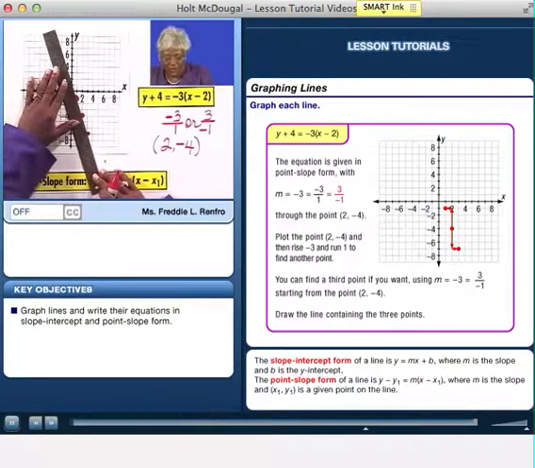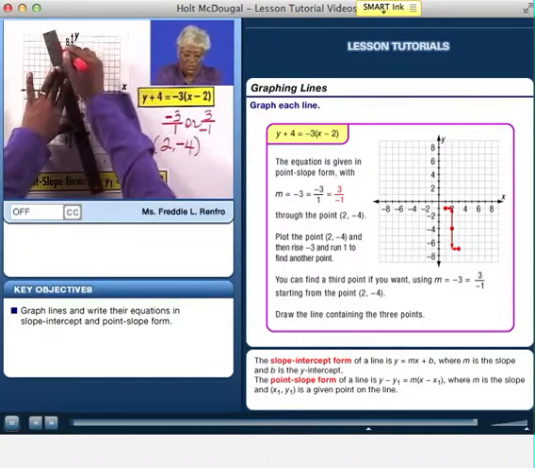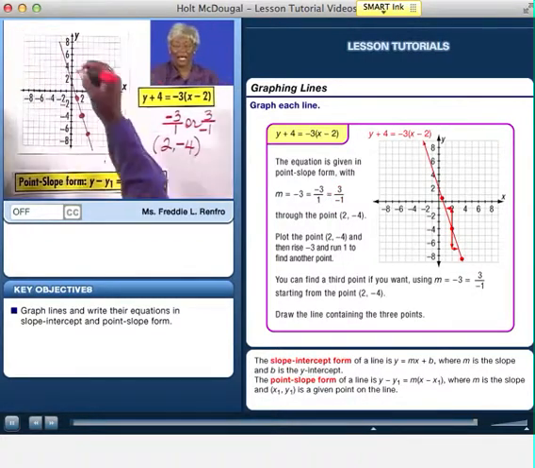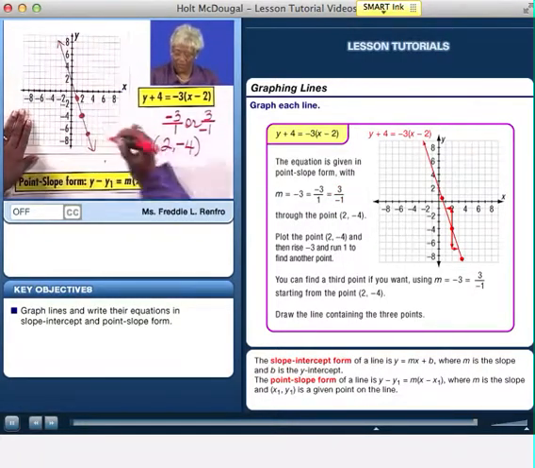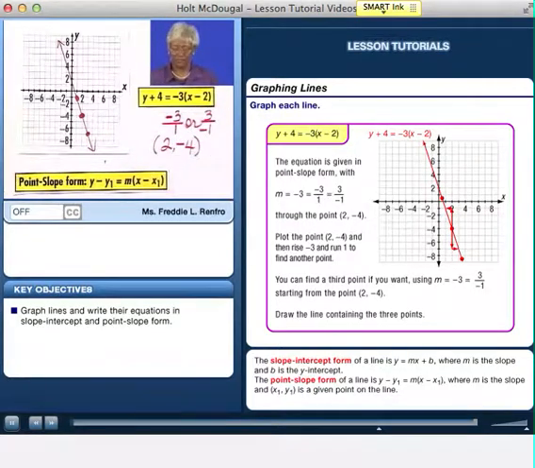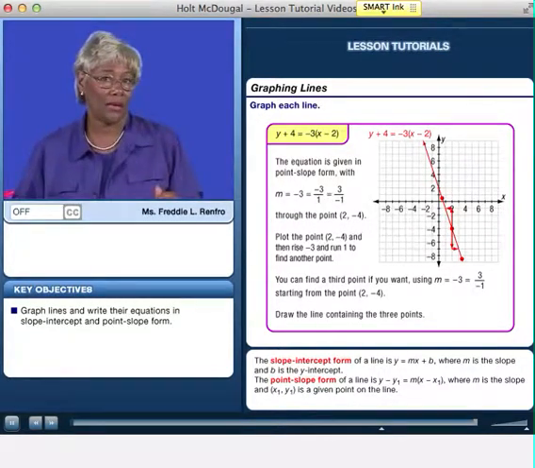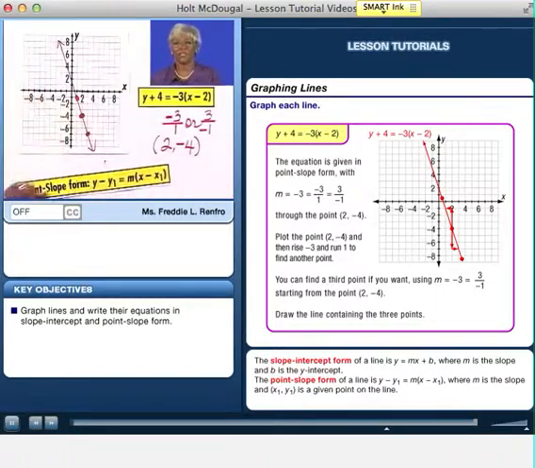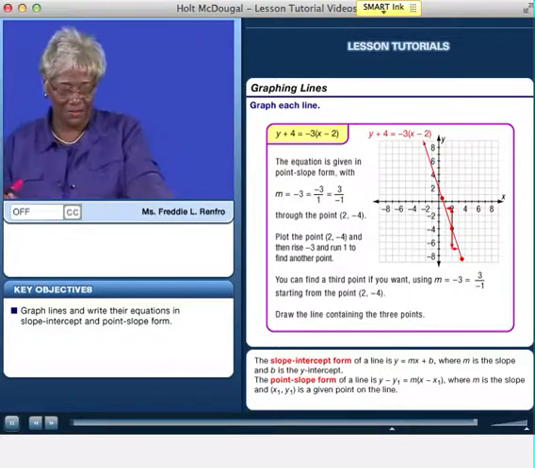I'm going to graph those, connect those points. I have the graph of this equation, and something else I noticed. Notice my slope is negative, and my line shows that my slope is negative. Great. Let's do another one.